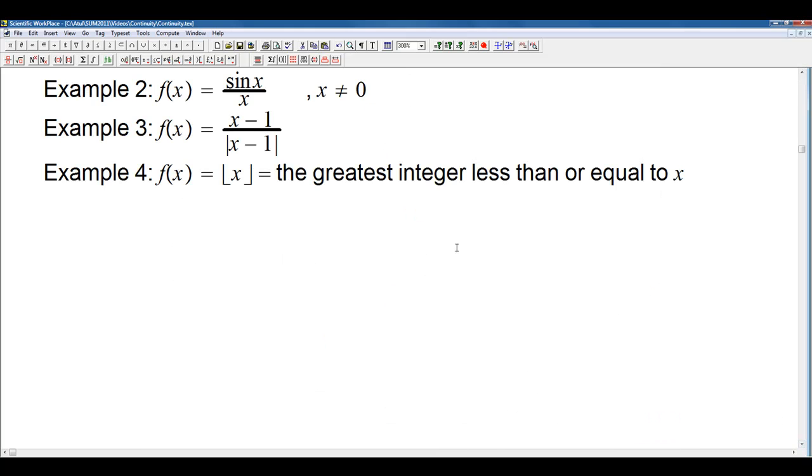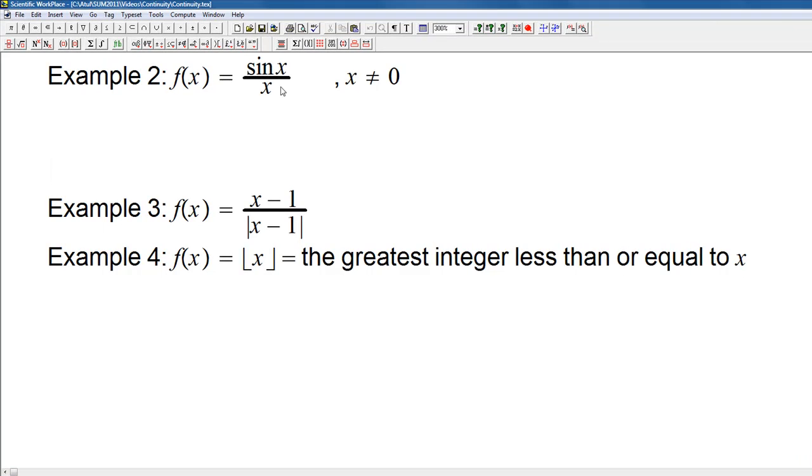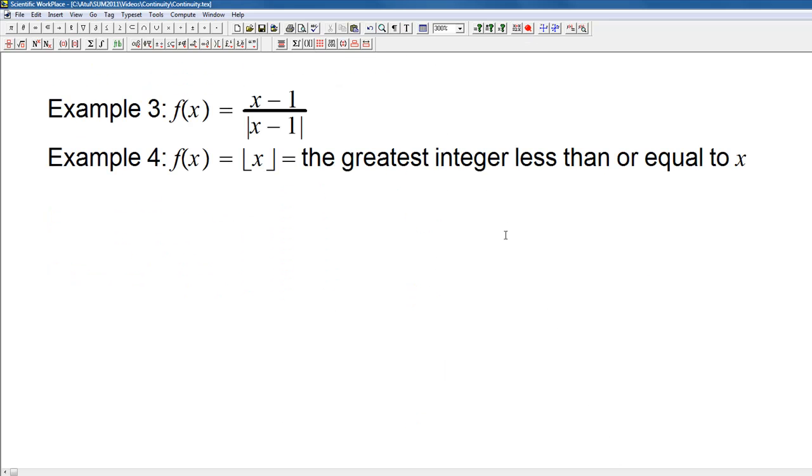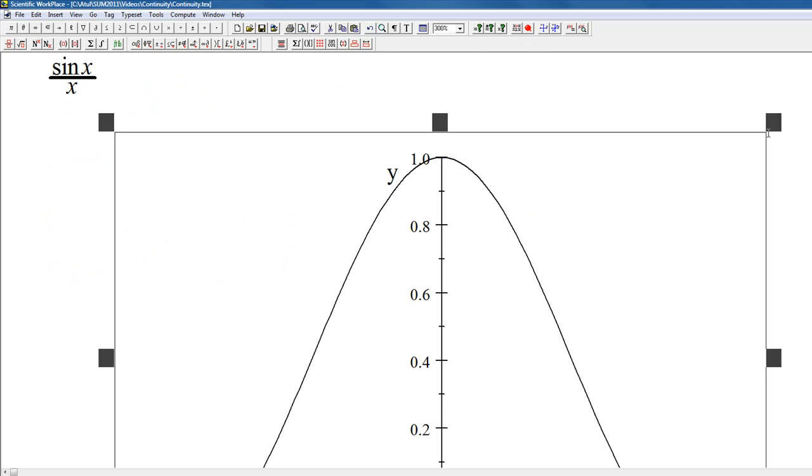Now next, let's consider this function that we have discussed before. We cannot find a value for it at 0 by using the expression. Let's look at a graph again.